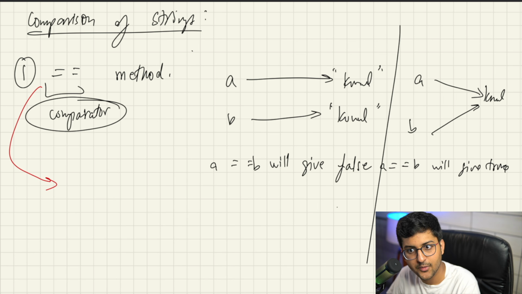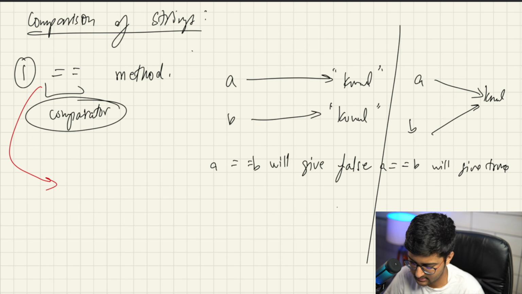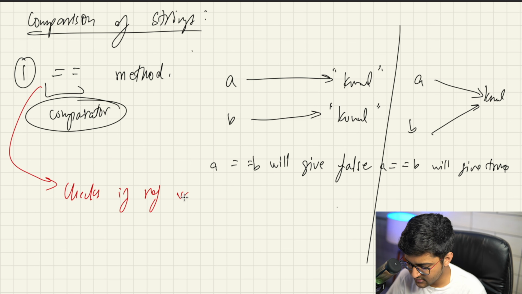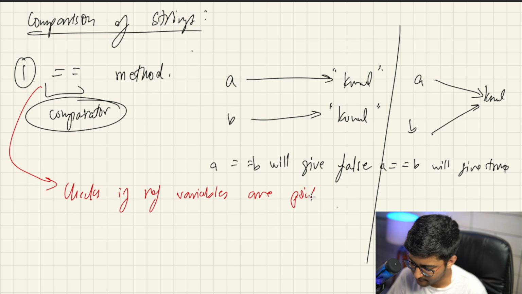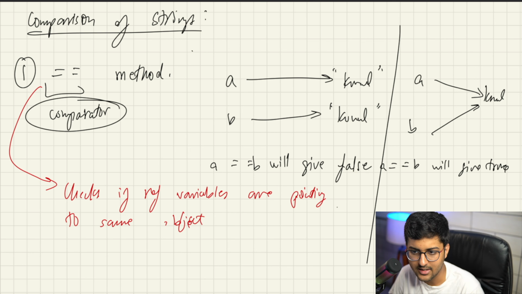It actually checks for both the values and the reference variable, if the reference variable is pointing to the same object. So it checks if reference variables are pointing to the same object. And in our example that we just ran, A is equal to B was giving us true.